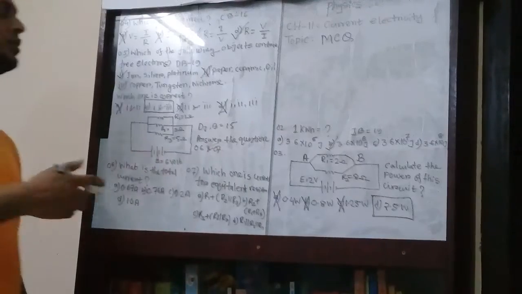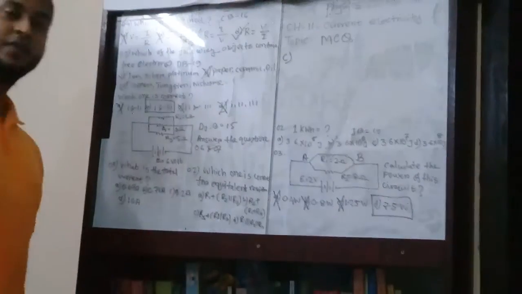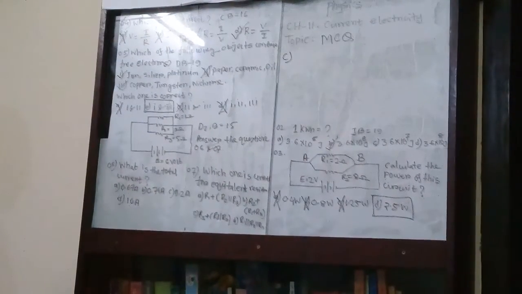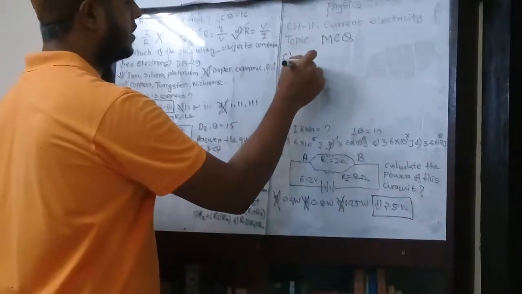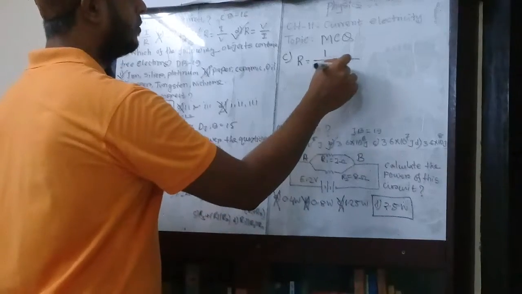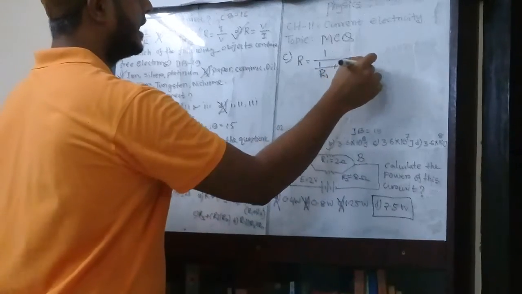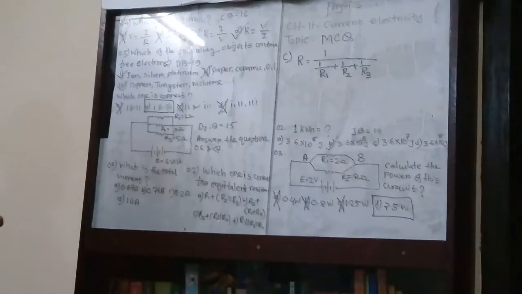At first I'm going to solve question number 6. Before solving it, I need to find out the equivalent resistance of the circuit. So the equivalent resistance R will be equal to 1 divided by (1/R1 + 1/R2 + 1/R3).